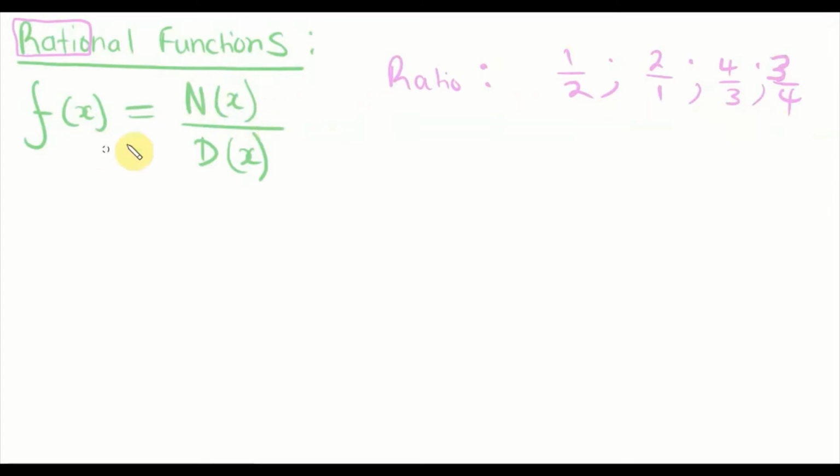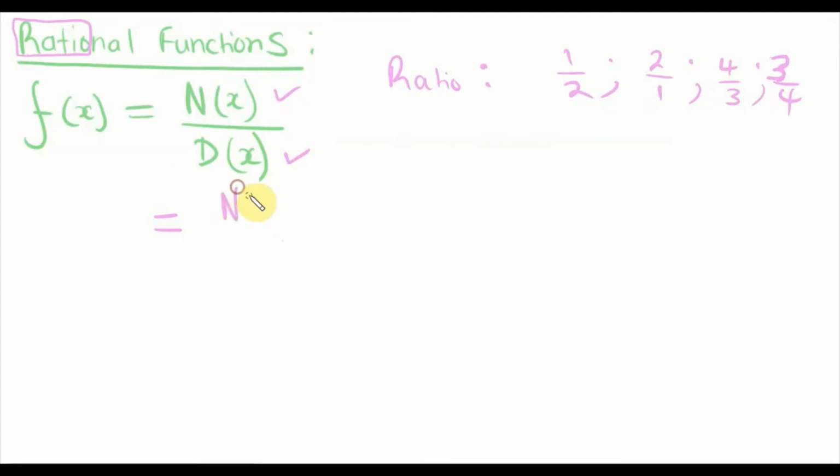So looking at what a rational function is, it has a denominator, which is the bottom part, and it has a numerator. From our knowledge of ratios, we can deduce that a rational function is a ratio of two functions.